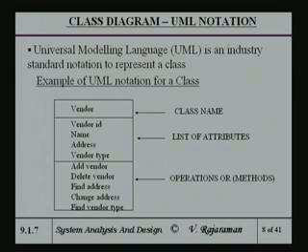There is something called the Unified Modeling Language, which has been designed by three stalwarts in the area of object-oriented modeling, Booch and two other people whose names I don't remember.